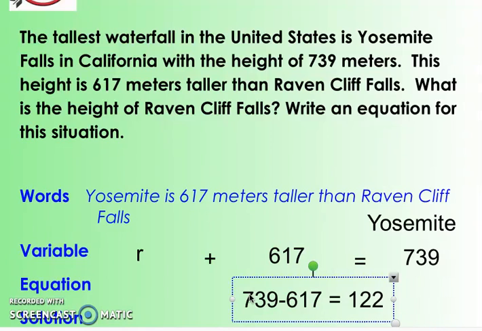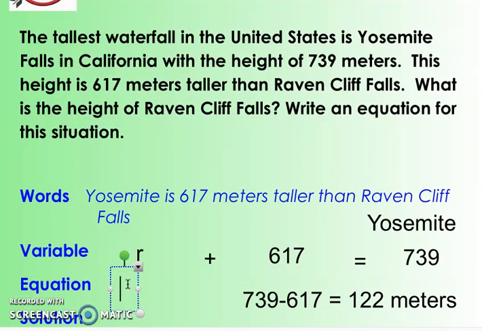If I put, and I'm going to label that with meters, if I put 122 in here, 122 plus 617, is that 739? Yes, it is. Nice job. And we'll talk more about solving equations later on because that's actually our next target. So we're going to move on to our next problem.